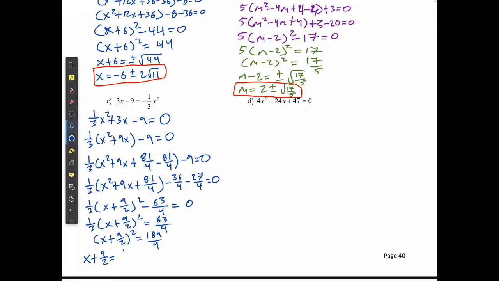And I'm going to say that it's going to be plus or minus the square root of 189, and the square root of the bottom is just going to be 2. That makes it easier for when I'm combining these terms, which means that x is actually going to equal negative 9 plus or minus the square root of 189, all over 2.